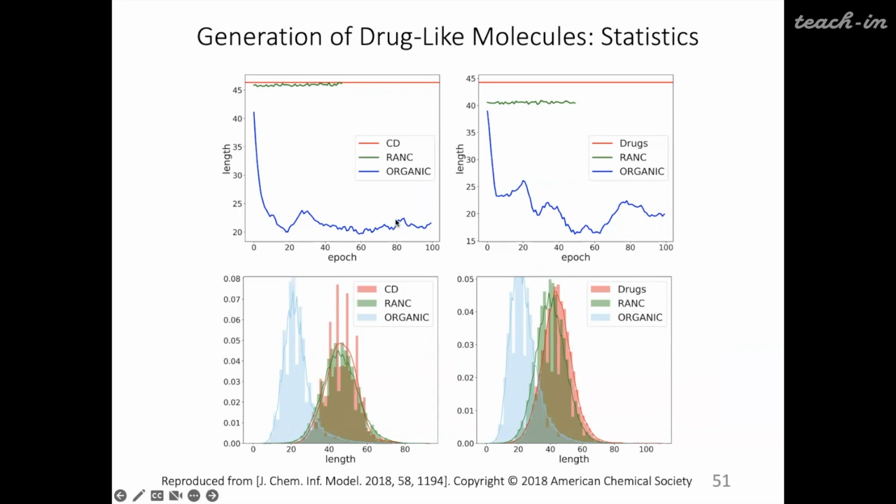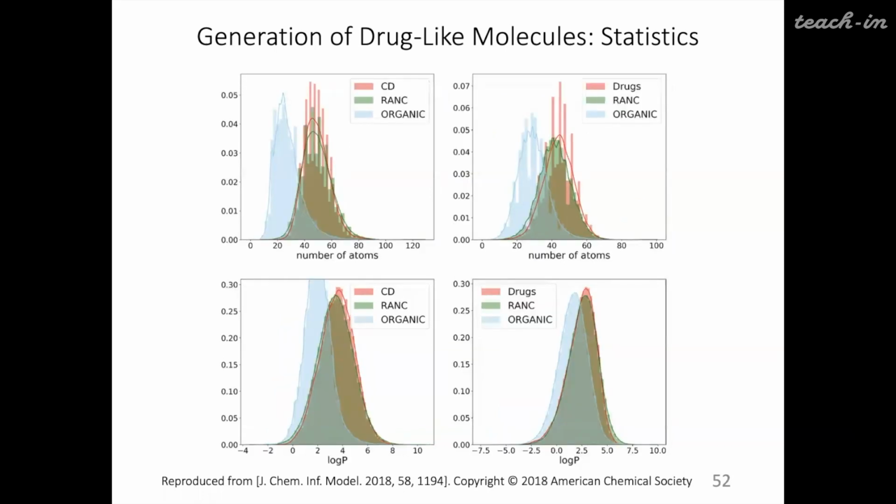The authors compared the results of RANC with the results of the previous model called ORGANIC. And compared to this, RANC allowed them to reproduce molecules with basically the same or quite similar length of the longest chain in the carbon framework.